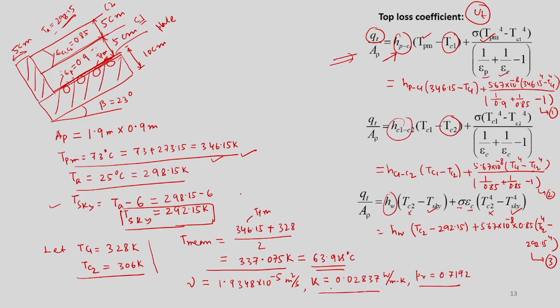Okay. So, these values we can get from the property table. We must know that air is there in between these two plates, no fluid is present.